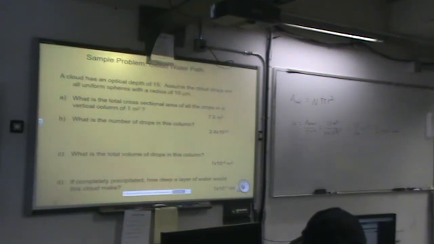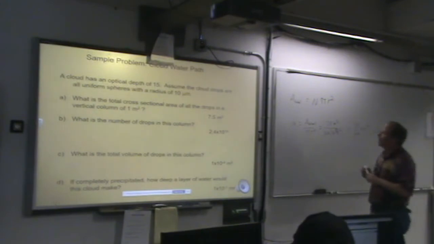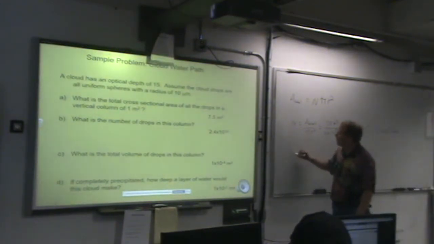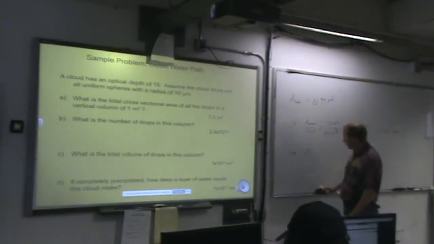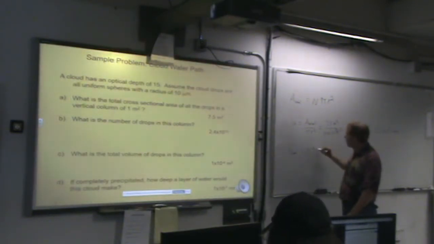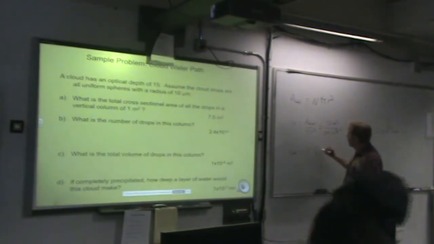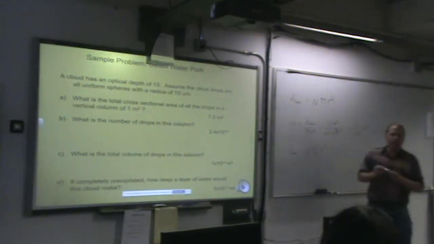That's not right, but we have to make an assumption somewhere. V total is the volume of one drop times N.